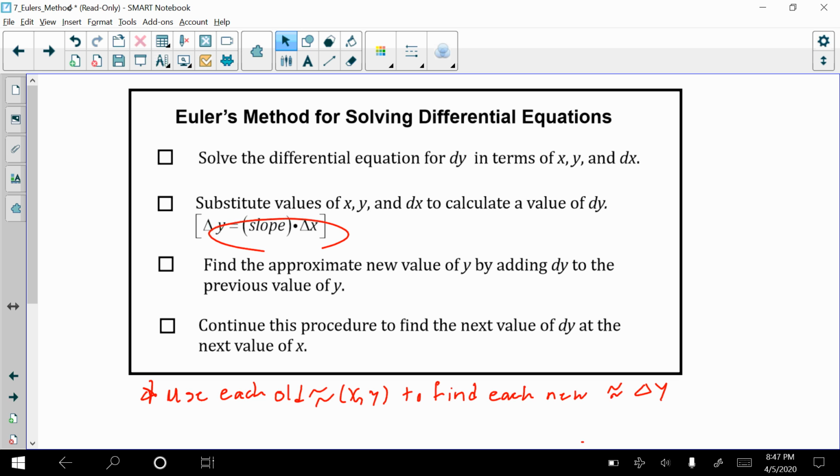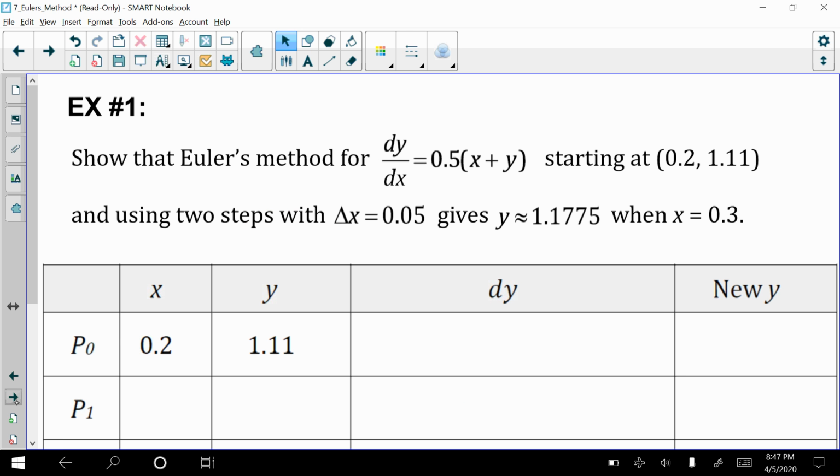So now that we have that in place, let's take a look at a couple more examples that are much more in line with what you could expect to see on a multiple choice AP test question. In this example, it says, show that Euler's method for the differential equation 0.5 times (x plus y), with the initial conditions of x being 0.2 and y being 1.11, going through two steps with a delta x of 0.05, gives you 1.1775 when x is 0.3.